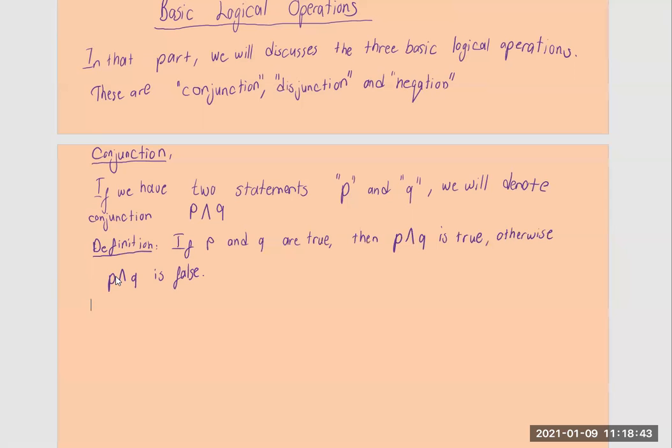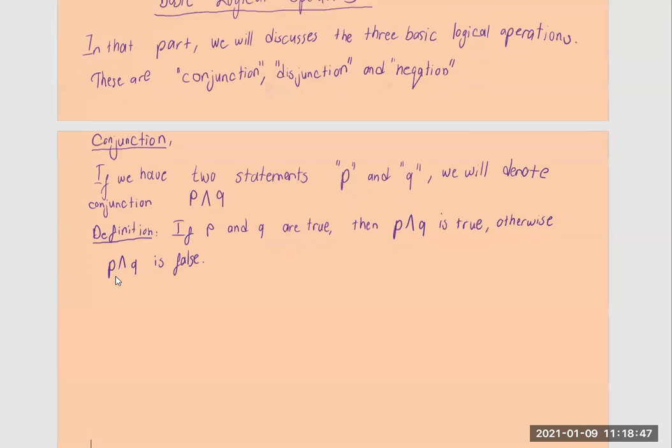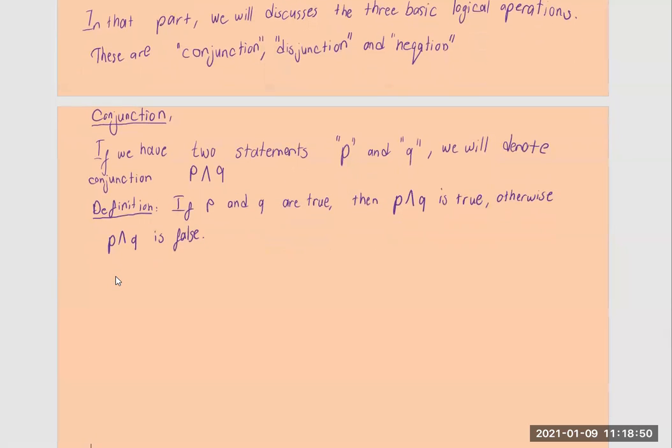There is the table, a truth table. We can write P and Q, table, like that. We have two variables here.